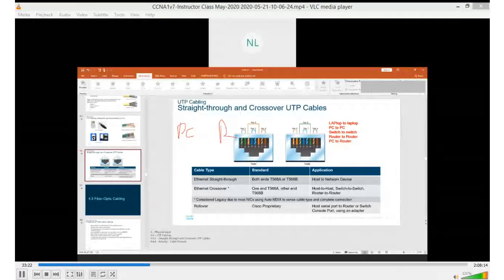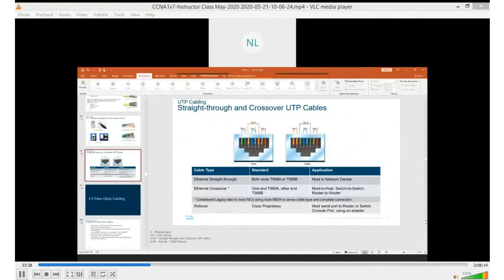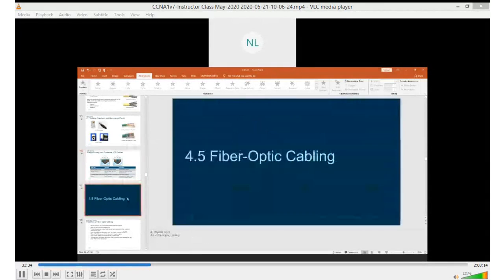So now let's move further. We have talked about the media. We said for media we have wireless, we have copper, and we have fiber. Under copper, we have unshielded twisted pair, shielded twisted pair, and coaxial.